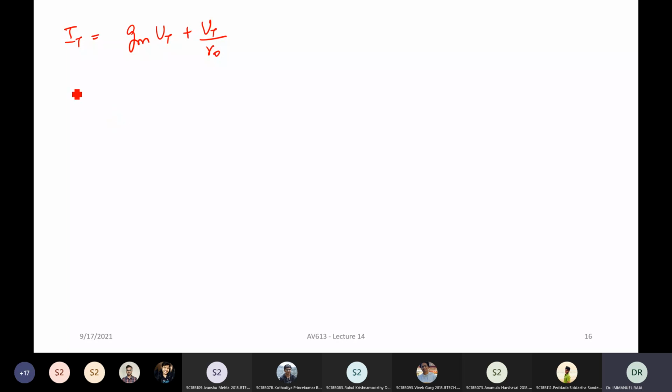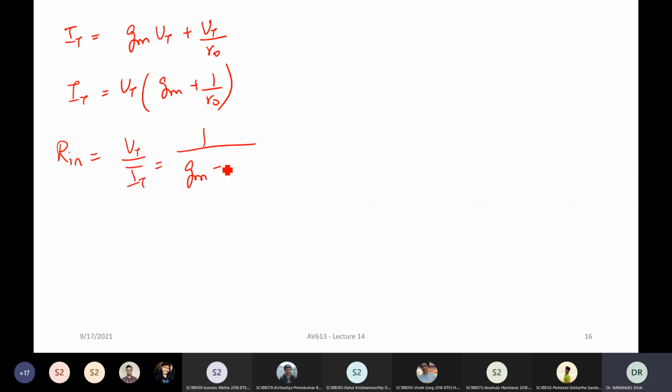Now let's collect the terms. IT can be written as VT times (gm plus 1 by r0). Or Rin is given by VT by IT, which is 1 over (gm plus 1 by r0). This is your expression.